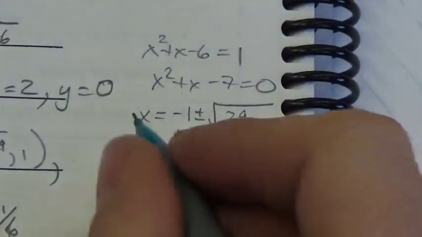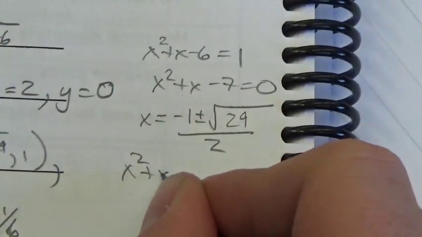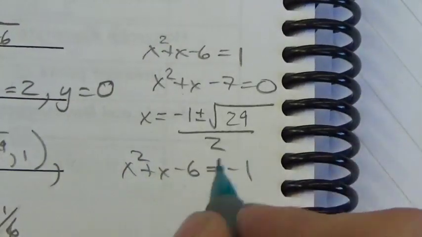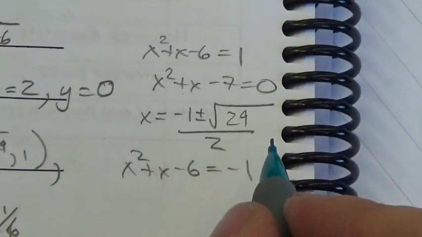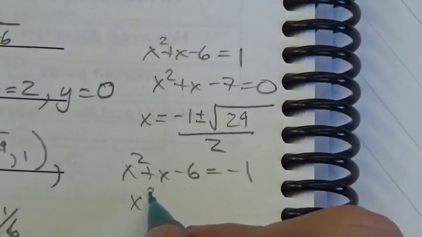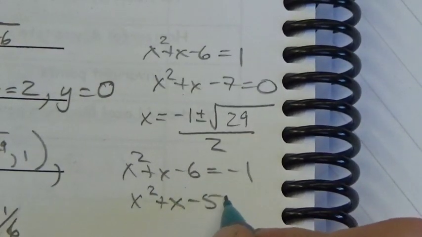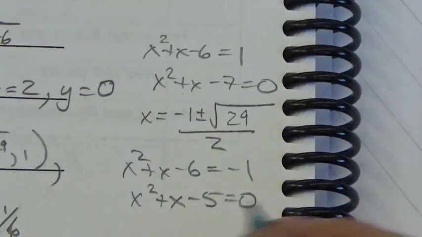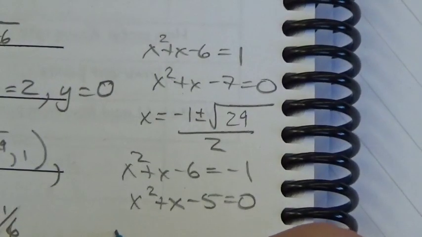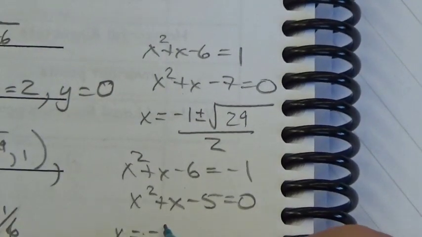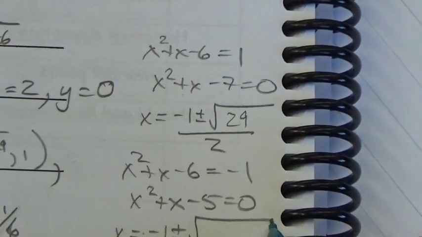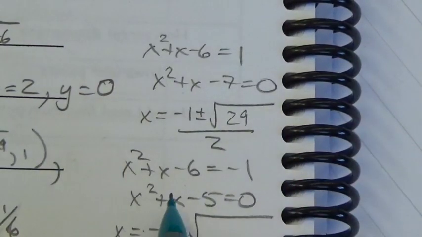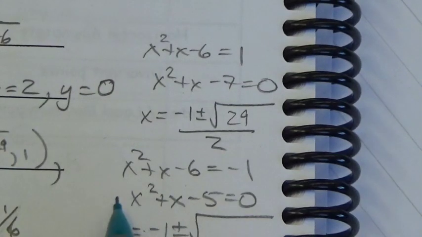The other set comes if I set x squared plus x minus 6 equal to negative 1. Add that to both sides, and I'm going to get x squared plus x minus 5 is equal to 0. Again, I'm not going to be able to factor that. So x is going to equal negative 1 plus or minus the square root of 1 squared, which is just 1, minus 4 times a times c.